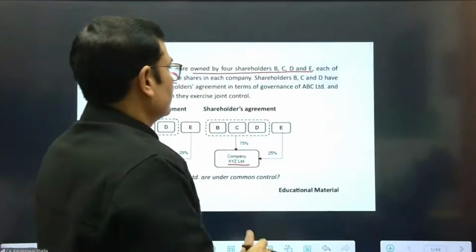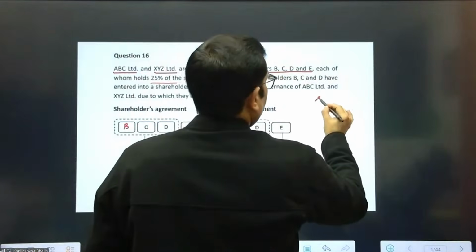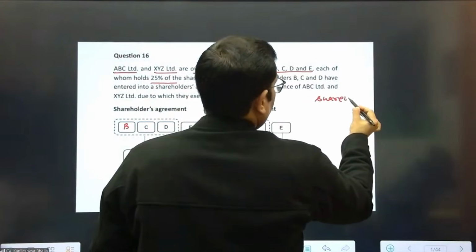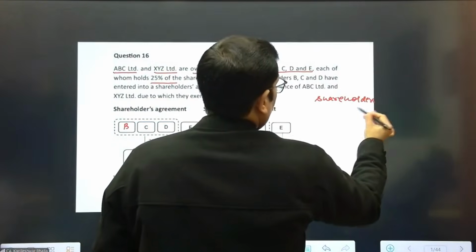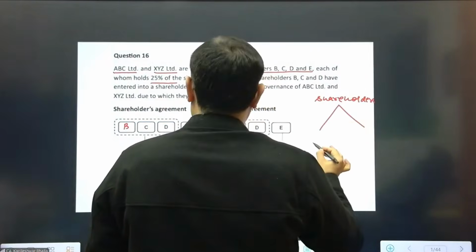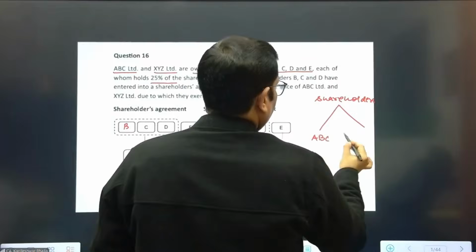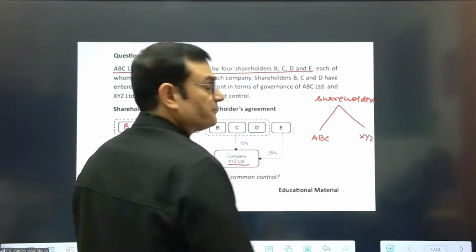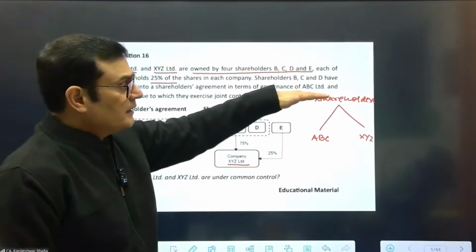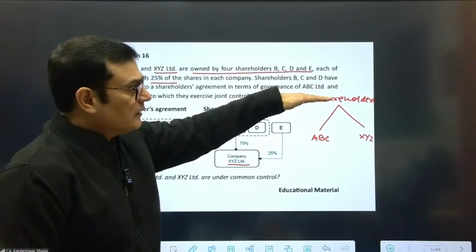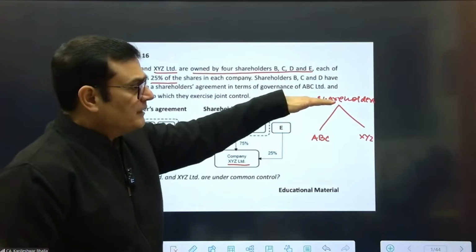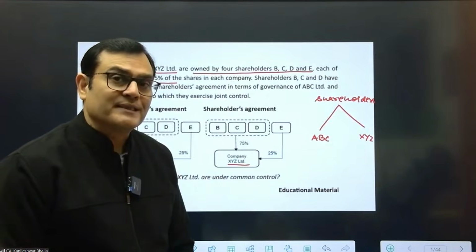It's like this: the shareholders are sitting on the top, and there is a company ABC and a company XYZ. Now you can see in this case that this common set of people control ABC and this common set of people control XYZ.